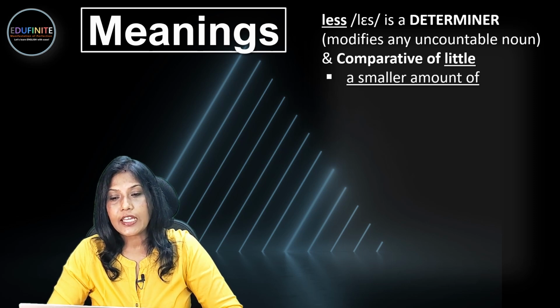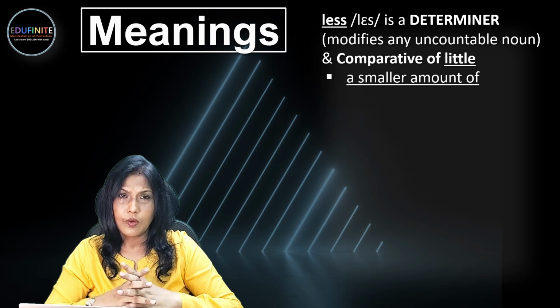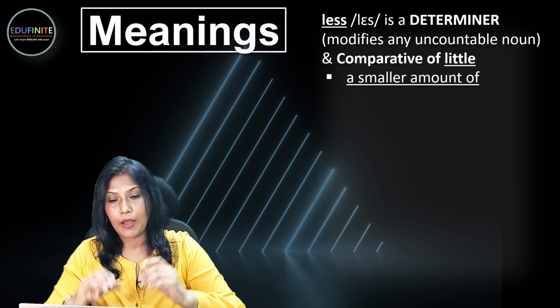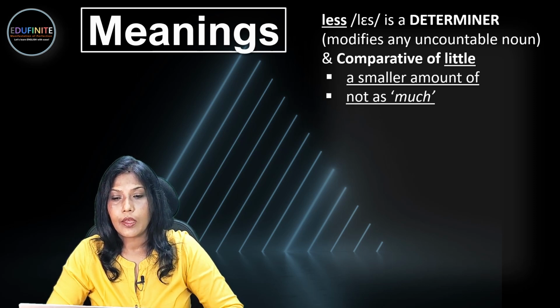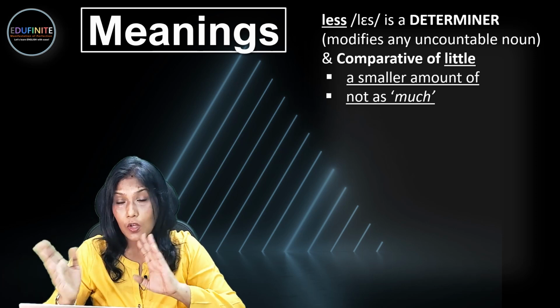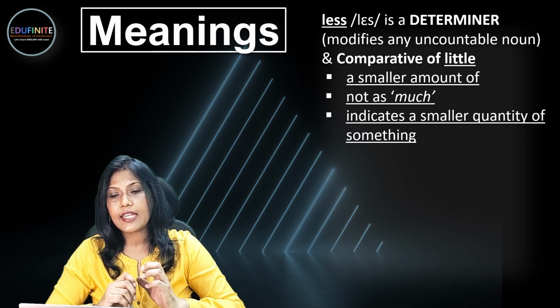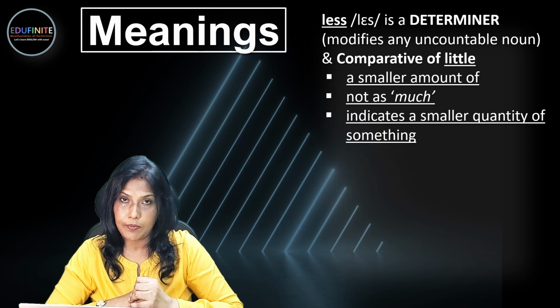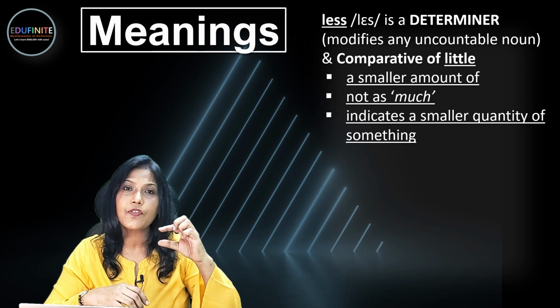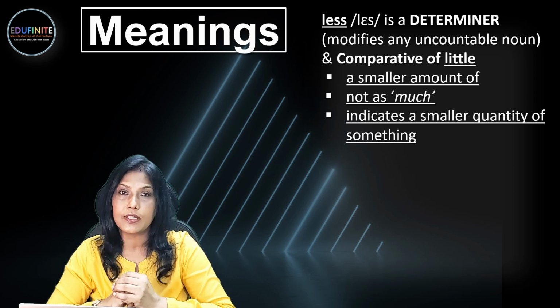Now, it means a smaller amount of, less of something. Not as much. Sometimes this is less than that, so not as much. Indicates a smaller quantity of something. When you have less of something, that's indicating a smaller quantity of something.